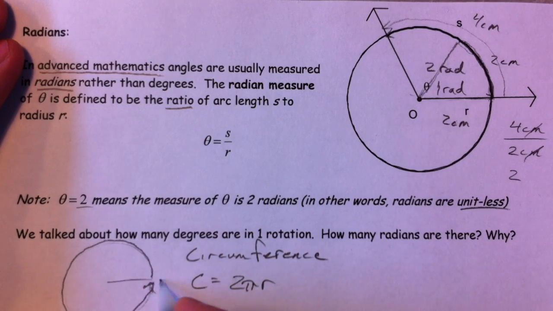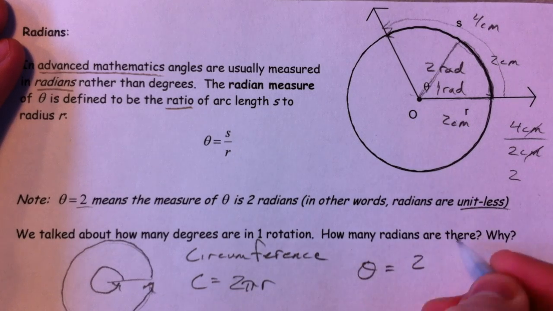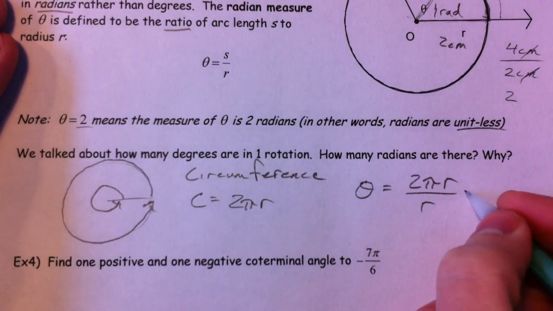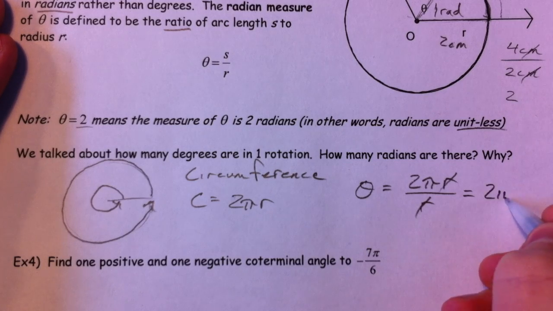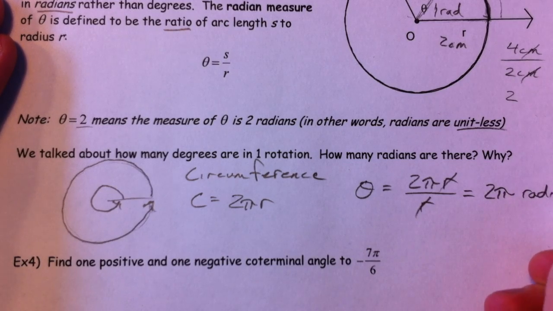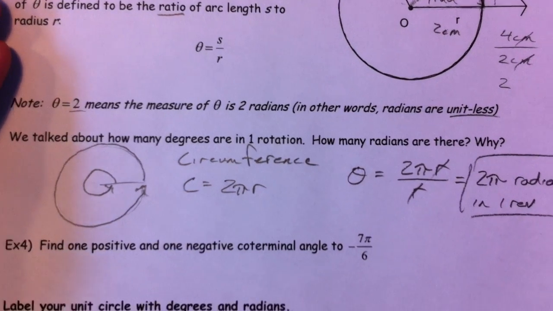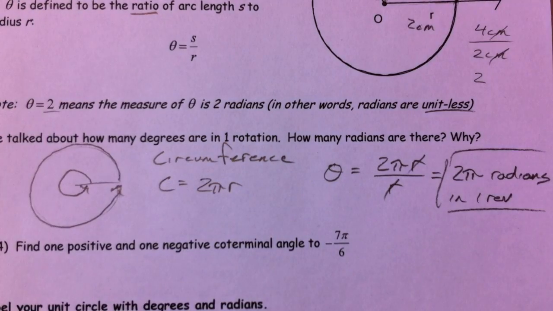So if we found the angle that you go through to go all the way around, the angle in radians would be the circumference, or the arc length all the way around, 2 pi r, divided by the radius, which would be r. And so the total amount, if you cancel this out, there are 2 pi radians in one revolution. So 360 degrees in one time around and 2 pi radians one time around.